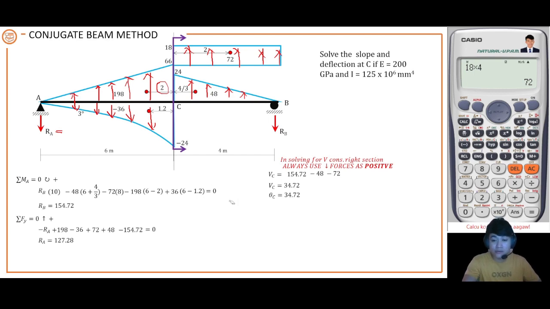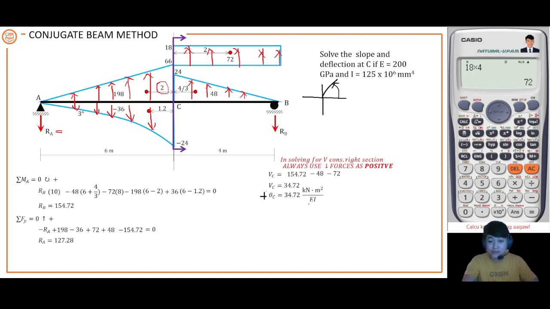Positive is slope. Take note, a positive slope is a counterclockwise motion. So therefore the slope at point C is counterclockwise.